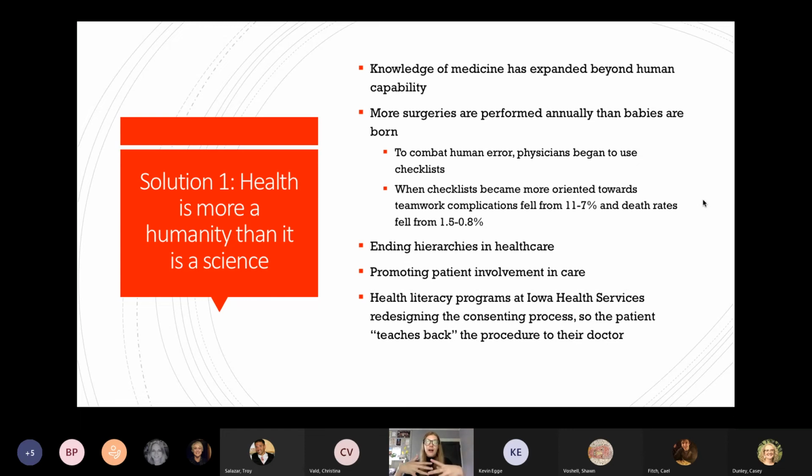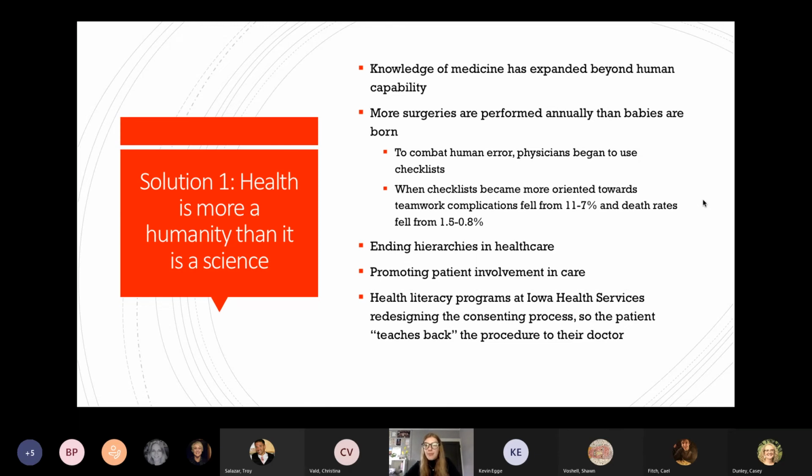We have more knowledge than we are capable of retaining. And when we put that knowledge into practice via surgeries so often that it's more than babies are born, we have very high death rates.